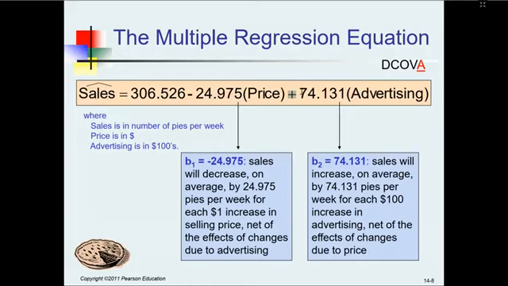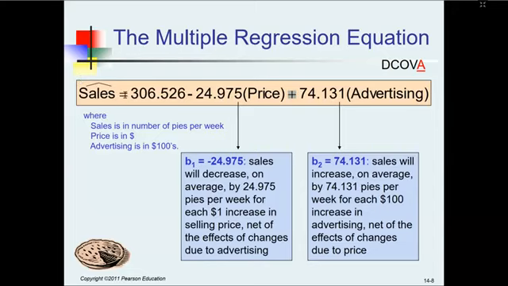What it means by a positive coefficient is that when advertising volume increases, sales will likely also increase, and when advertising volume decreases, sales will likely also decrease. So advertising and sales always move in the same direction, but price and sales always move in the opposite direction.